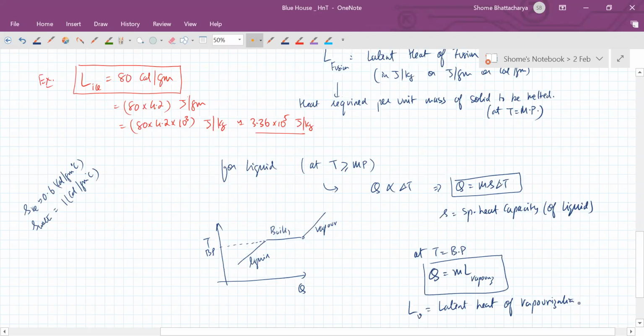So heat supplied per unit mass for vaporization at boiling point.